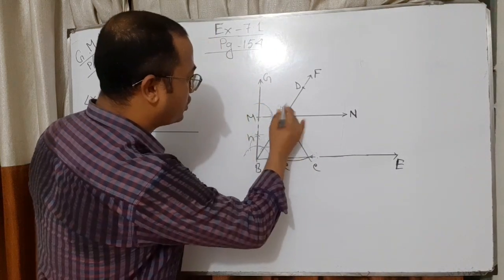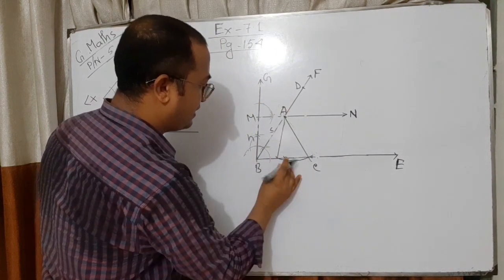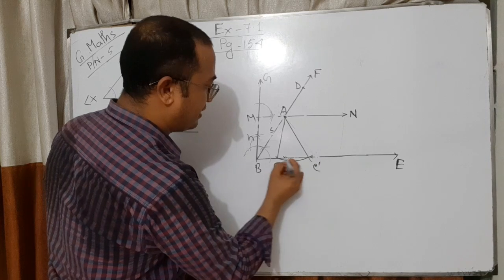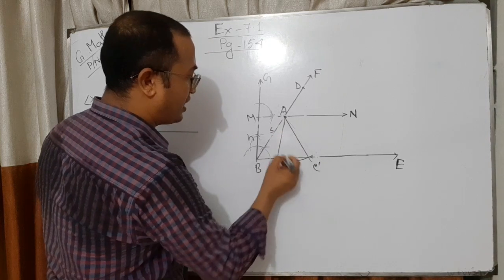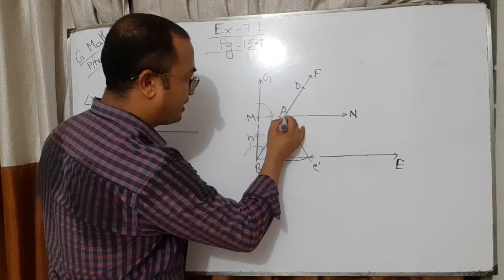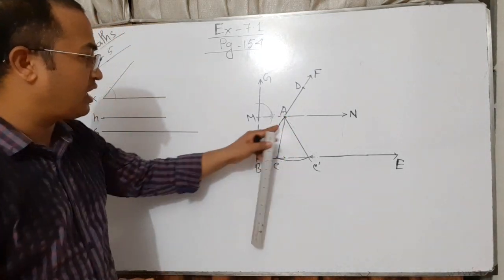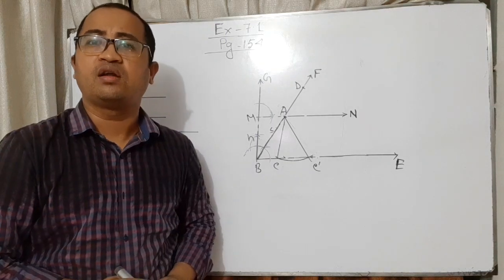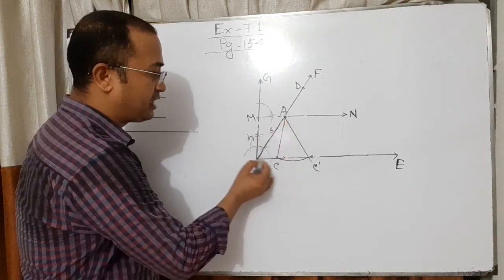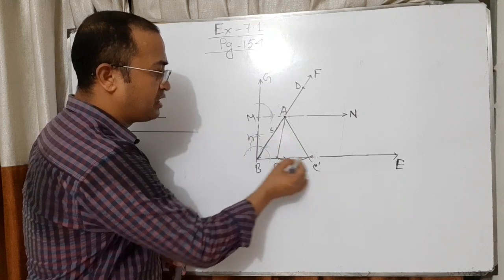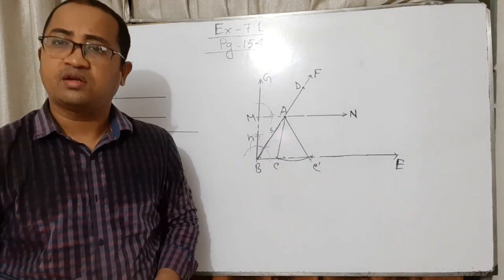Now look, we join AC and AC prime. So ABC or ABC prime is our required triangle.